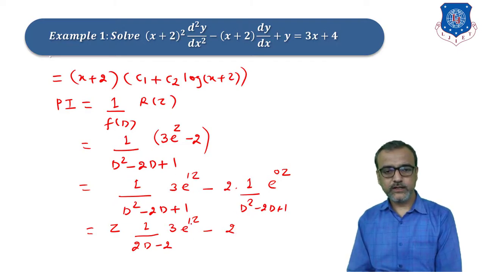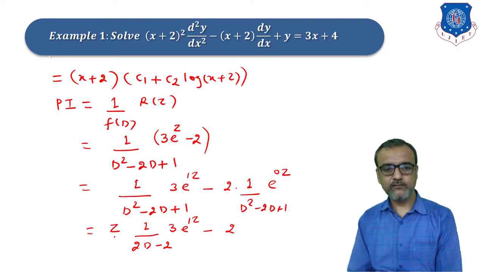Now here if you replace D by 1 you will get 0 in the denominator. So again we will differentiate 2D minus 2 with respect to D. So the derivative of 2D is 2 and this 2 is a constant value, so its derivative will become 0, and we will multiply the result by z.